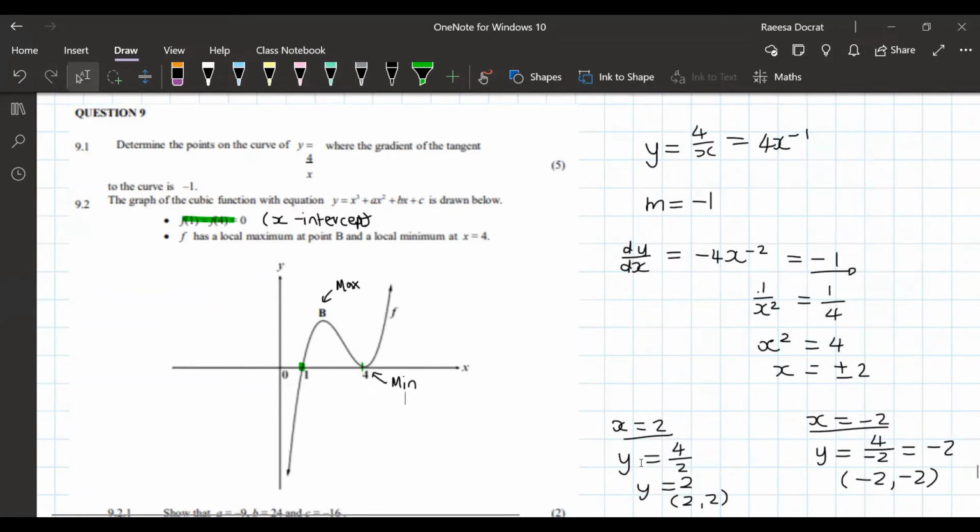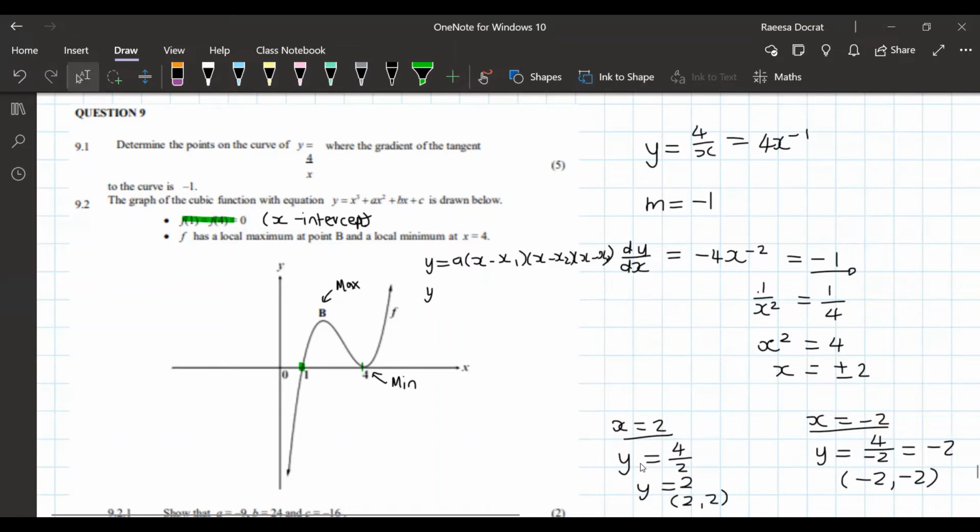So we can use the x-intercept form of this. So y is equal to a(x minus x1)(x minus x2)(x minus x3). So that's putting in our x-intercepts for each one of them.